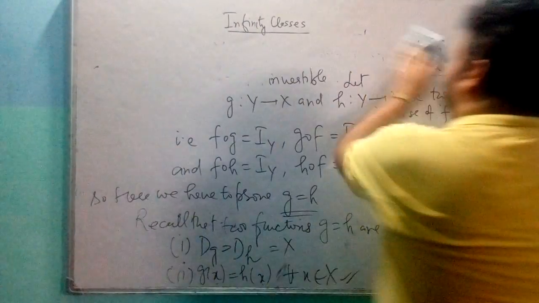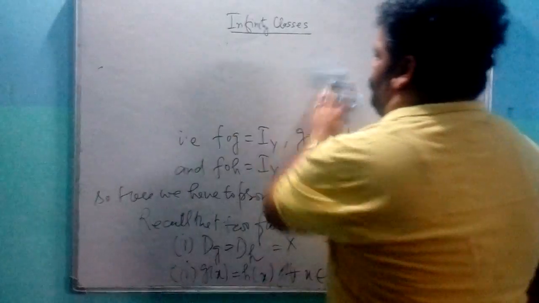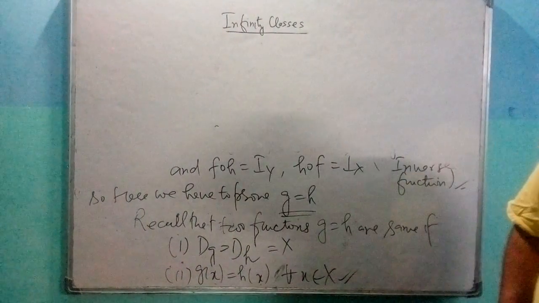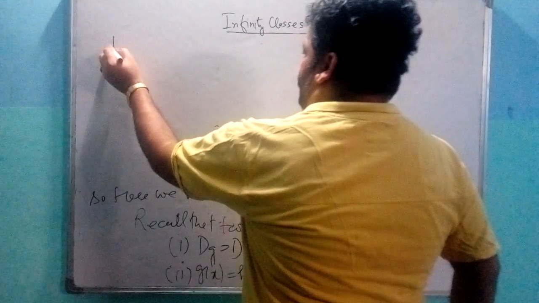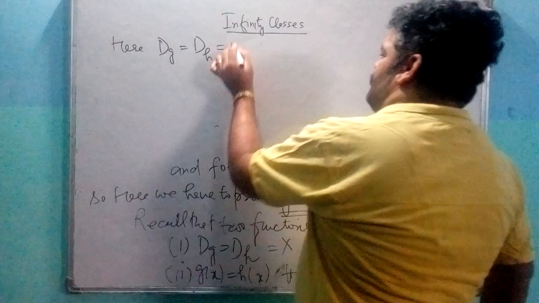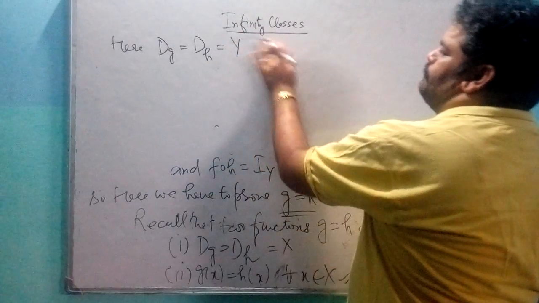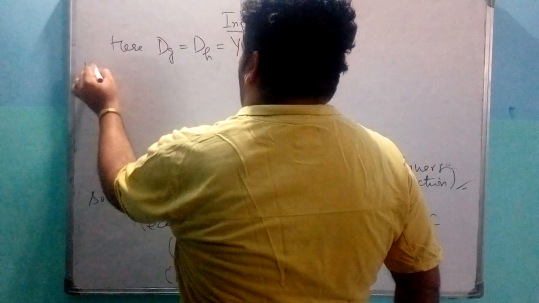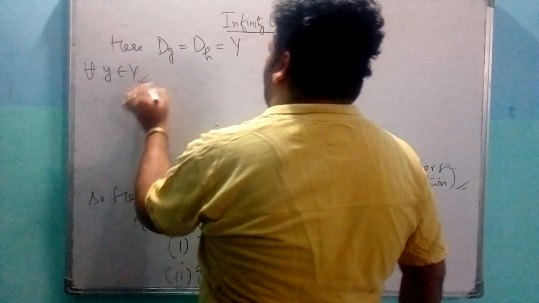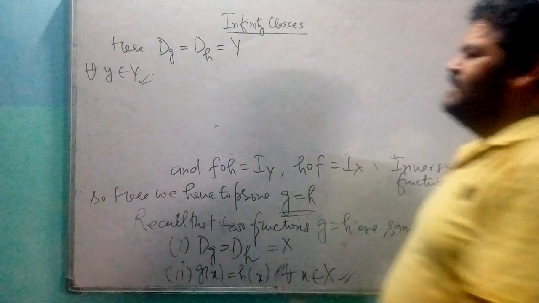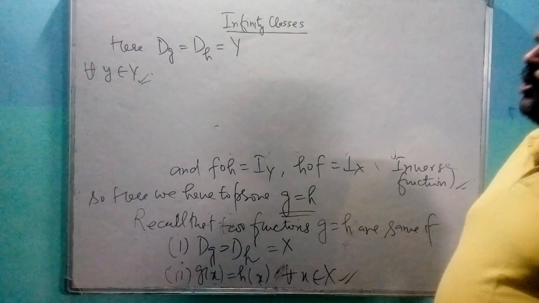Here, the first condition is trivially true, as domain of g and domain of h is common, Y. So for all y belongs to Y, we have to prove that g of y is equal to h of y, means g and h agree on their common domain.